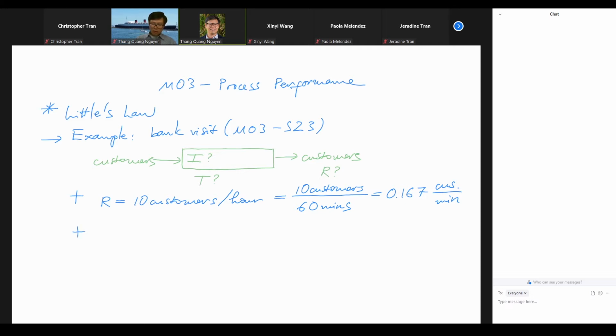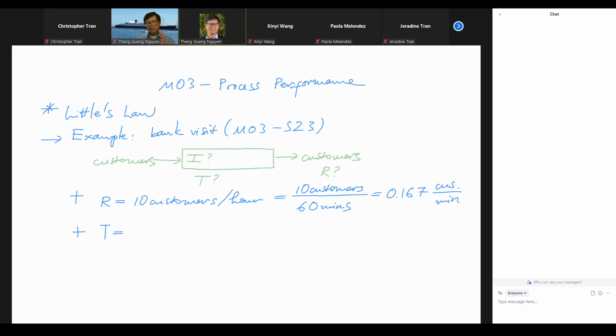The second one, you know what, is called the flow time. Remember, this is an average flow time. So again, we have to calculate the averages because Little's law only works with the averages. In this particular case, we saw 10 customers.